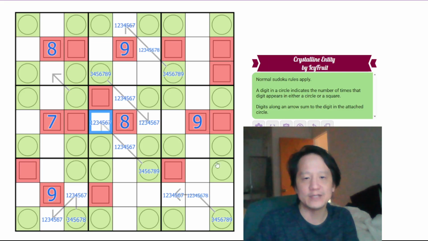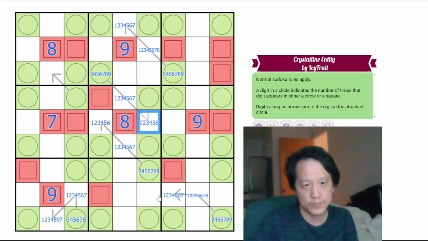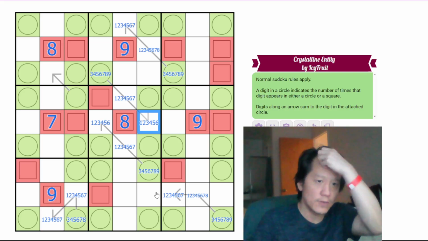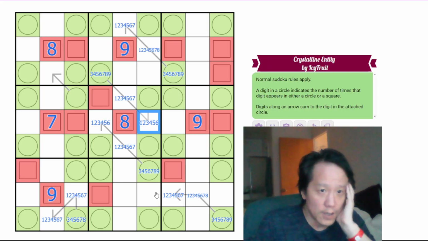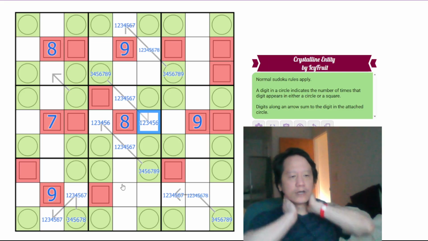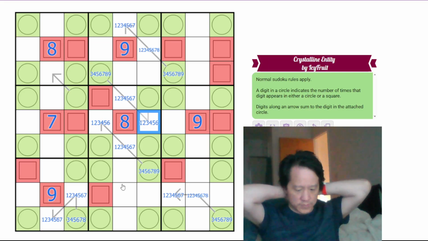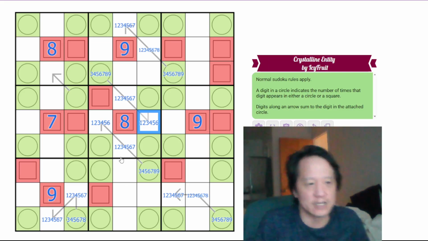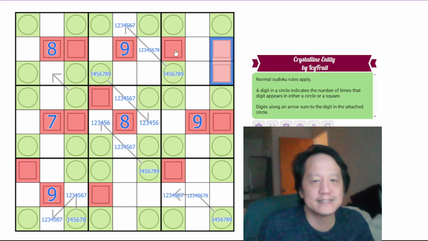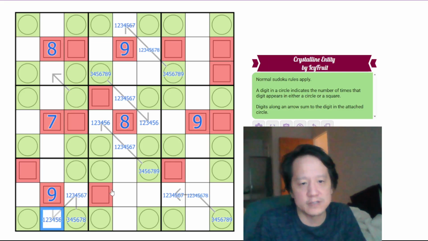Therefore, this can't be 7 here. I think that's it. So you could have 1, 6, and that satisfies everything potentially just by being in squares. So this can't be 7.